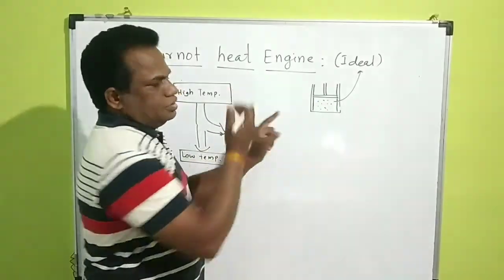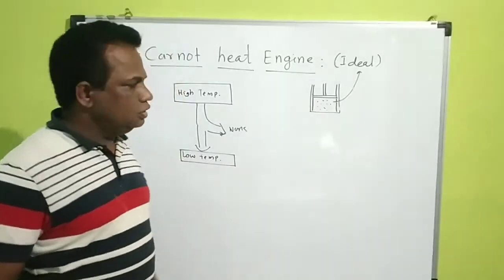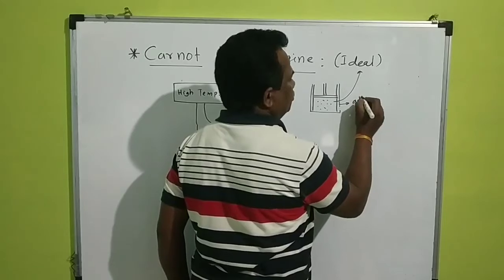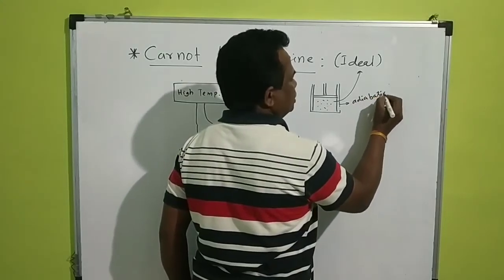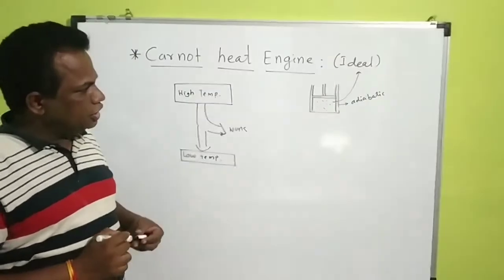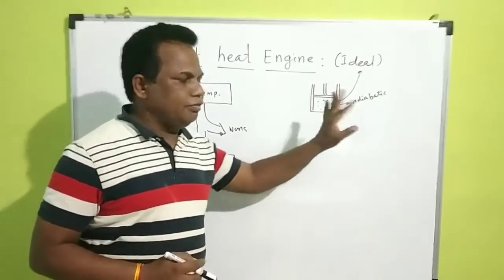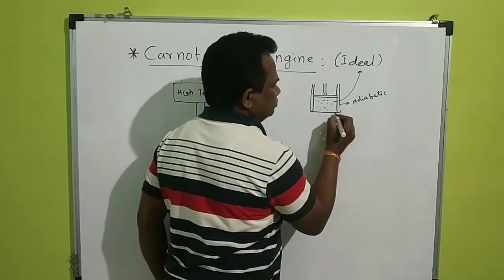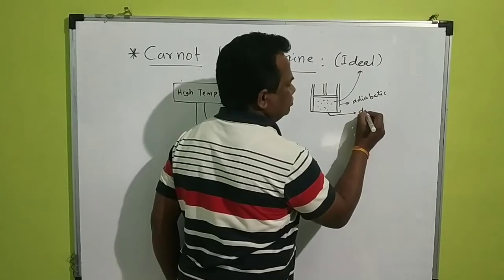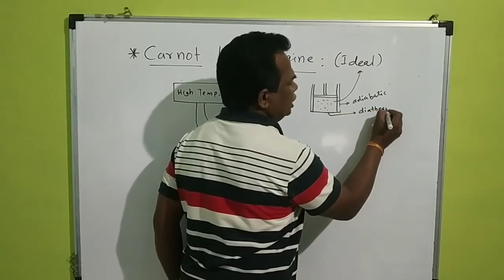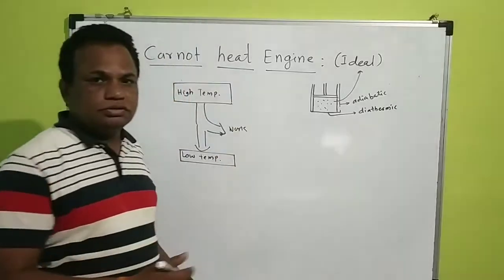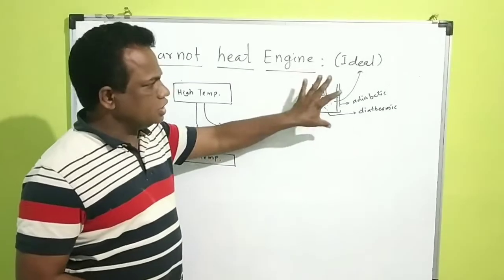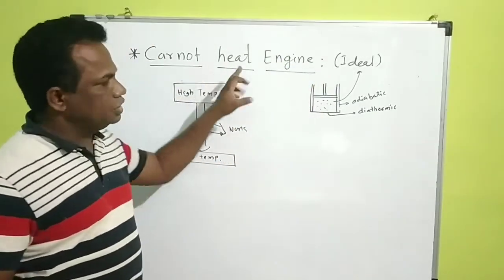All the surfaces of this cylinder are adiabatic boundary. Adiabatic means no exchange of heat from this cylinder to the surroundings. But the bottom is perfectly conducting, diathermic. That means heat energy can be exchanged from the bottom of the working substance. So this is known as the working substance of this heat engine.